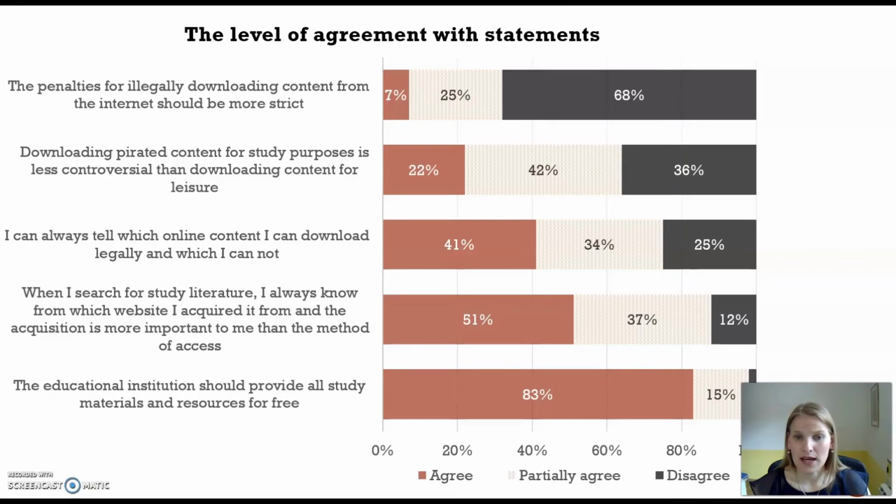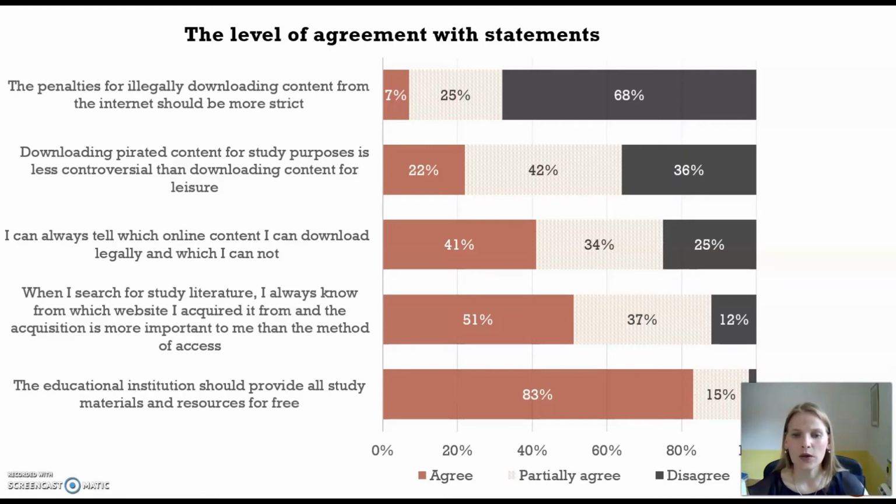At the same time, more than half of respondents somewhat believe that pirating study materials is less controversial than downloading content for leisure. It is interesting that only about half of the participants are confident that they can always determine the legality of the online content.